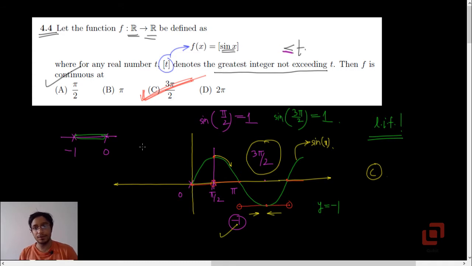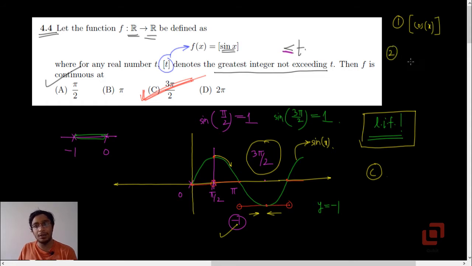Right? So 4.4c. Now I can frame a similar question, and instead of saying the greatest integer function not exceeding t, I can also come up with the same example with the least integer function. Okay, now I leave that to you. I would like you to try out three possibilities. Possibility 1, f of x equal to box of cos x.